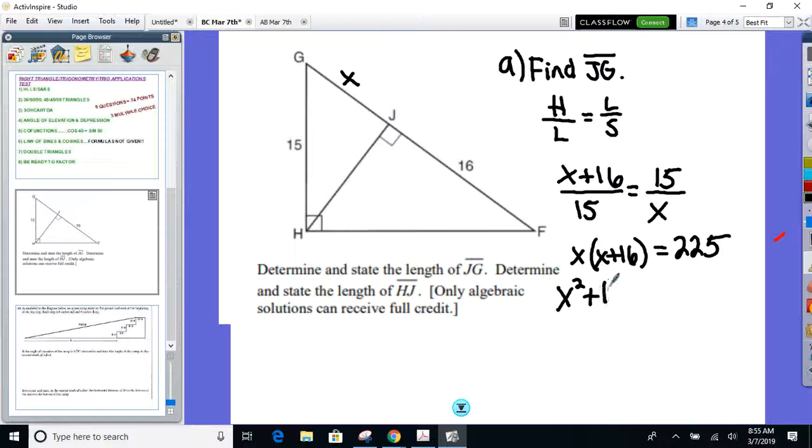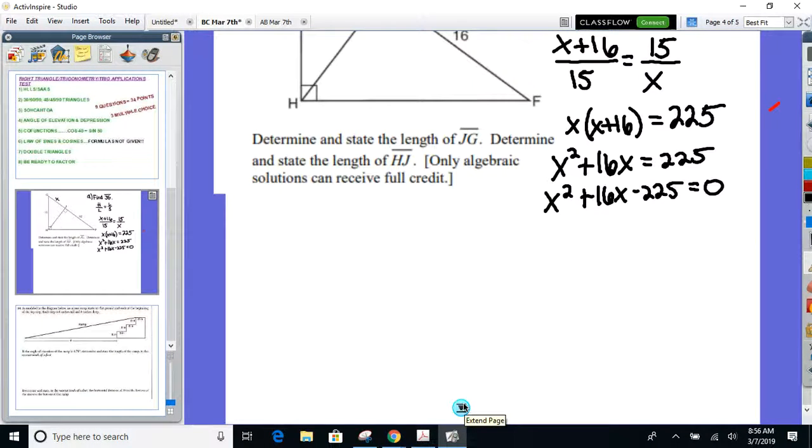X squared plus 16x equals 225. What am I looking at here? Going to have to factor probably, because I see an x squared. All right, can't factor unless I do what, though? Get everything equal to 0. So let's move the 225 over. X squared plus 16x minus 225 is equal to 0.